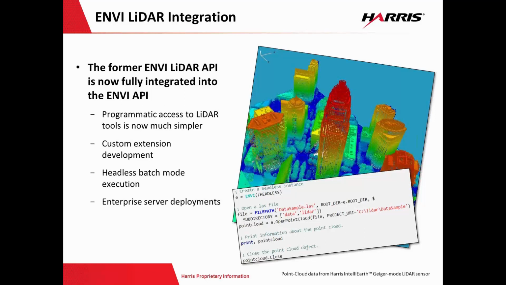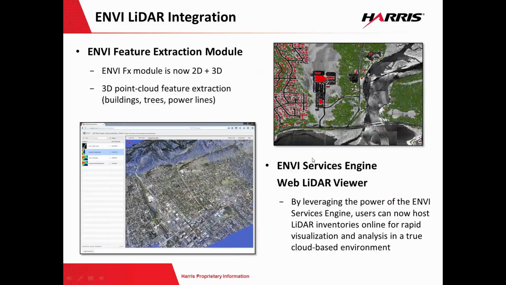Now all of that is rolled into ENVI, and this allows a lot of really neat things to happen. Number one, you don't have to call different products. You don't have to have a separate license. And number two, we can do sort of data fusion here. We can extract things from point clouds, get raster images, and use all the power of ENVI to do additional processing, all within one contained API. So this is pretty interesting.